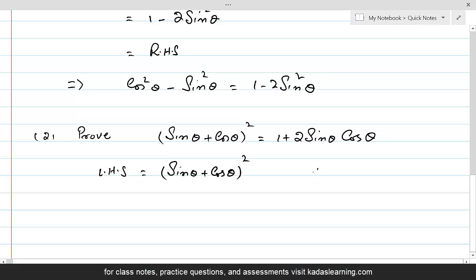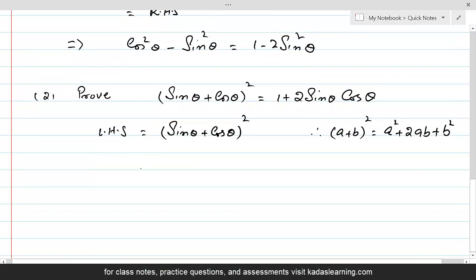This is a formula in algebra. The a plus b whole square is equal to a square plus 2ab plus b square. We use that formula in algebra, and here we get this expanded in the form sine square theta plus 2 sine theta cos theta plus cos square theta.